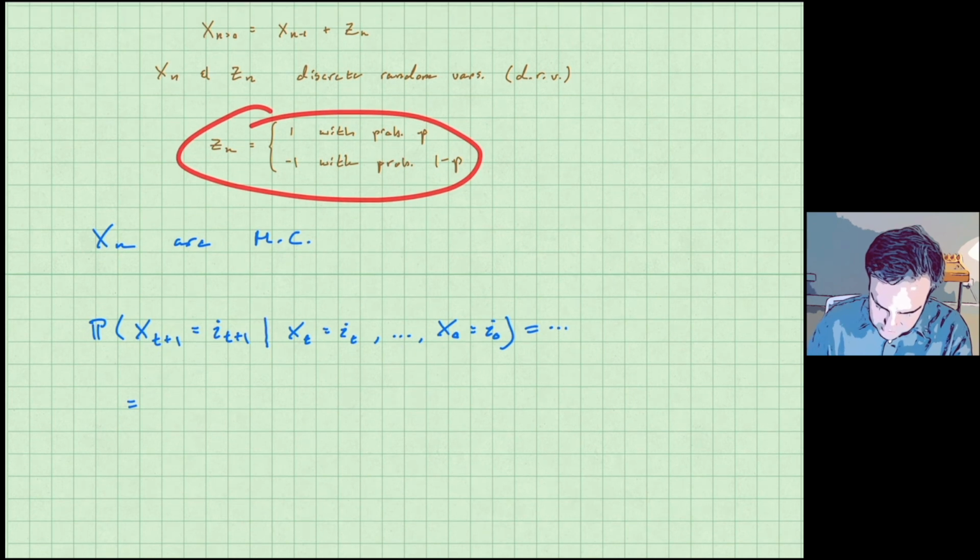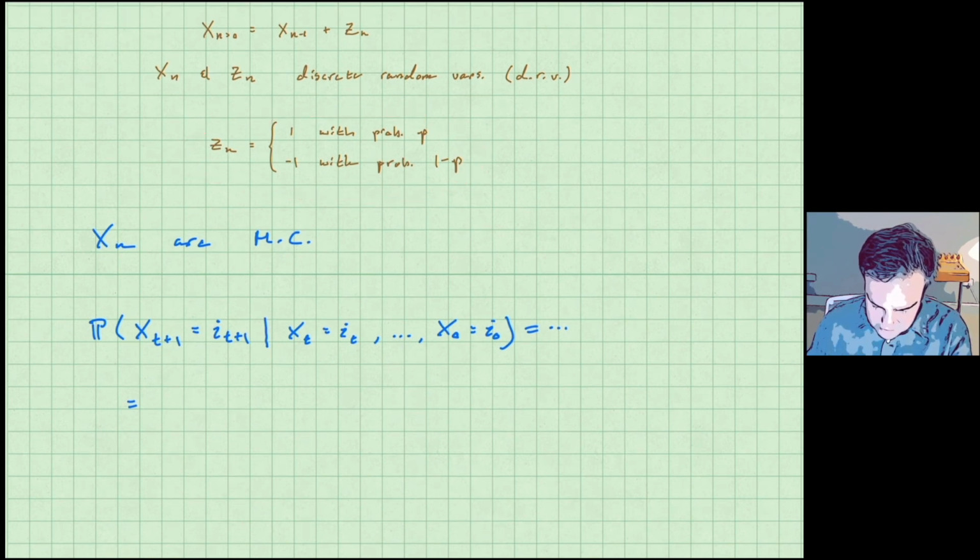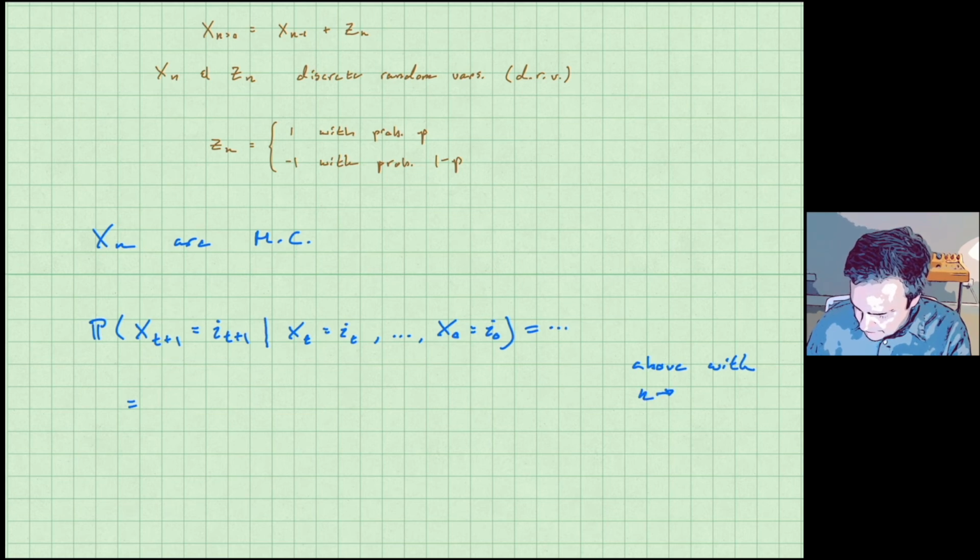But I want to steal that expression for x sub, in this case, t plus 1. So I want to use the above with n being replaced by t plus 1.